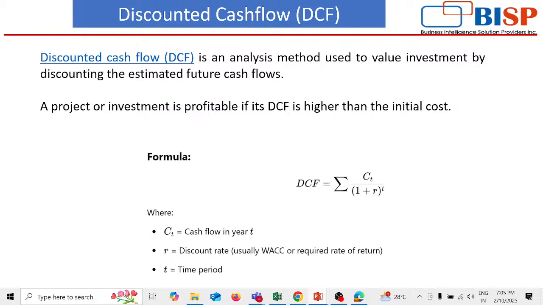It is based on the concept that a dollar received at a future date has a lower value compared to a dollar received today because of the time value of money. So the entire DCF model we are going to base on this important assumption.